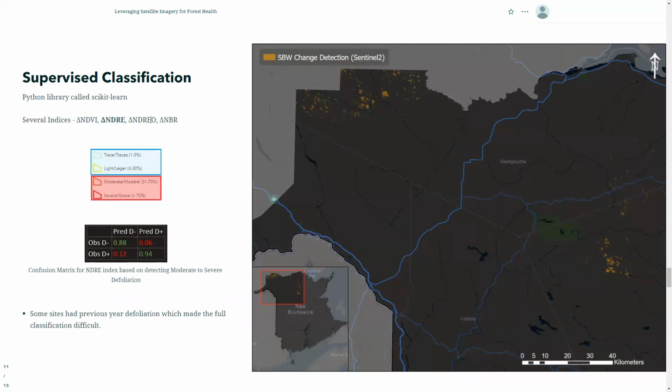Do you have any plans to go back and look at previous years to see if you can get images to say, okay, this is what happened in 2021, we saw an increase in the areas where defoliation was detected? Are you planning on going back to 2020 and maybe doing something similar?